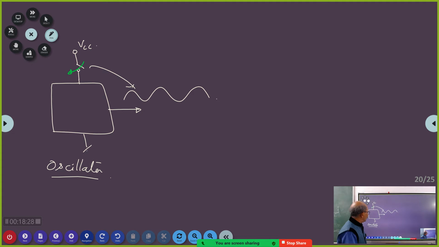Okay. Now you are going to learn what is there inside this. What is there inside this is what you are going to learn. And henceforth, the design is like this. This is called the block diagram. So, okay, this is a box. It has got something inside, and it is going to do this. Now, what is there inside this? That's what we are going to learn. Okay? Yes.